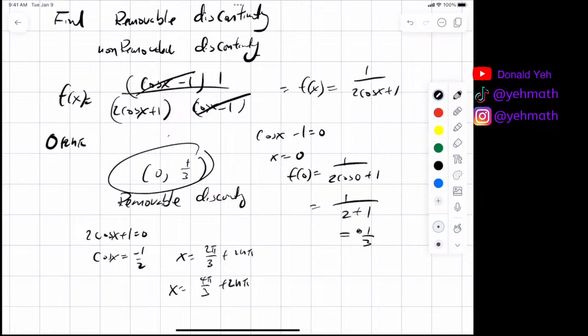Maybe it's all 1 over 3, huh? Because with 2m pi, that's always 1. So it could be like this for all coordinates. Because if I plug in 2 pi, it should result in the same thing. So it's pretty much consistent.